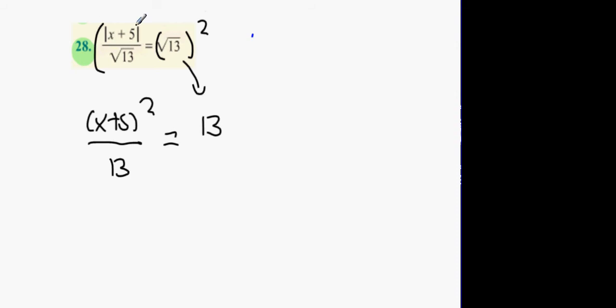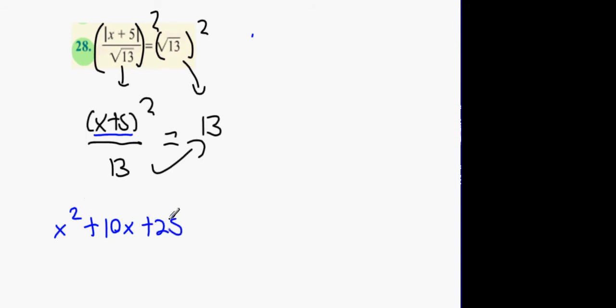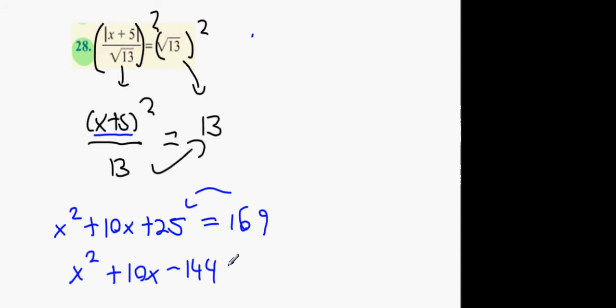And when you square this full thing, it turns into x plus 5 squared equals 13. Cross multiply the 13 and multiply out x plus 5 squared. You're going to get x squared plus 10x plus 25 equals 169. Bring over the 169. X squared plus 10x minus 144 equals 0.